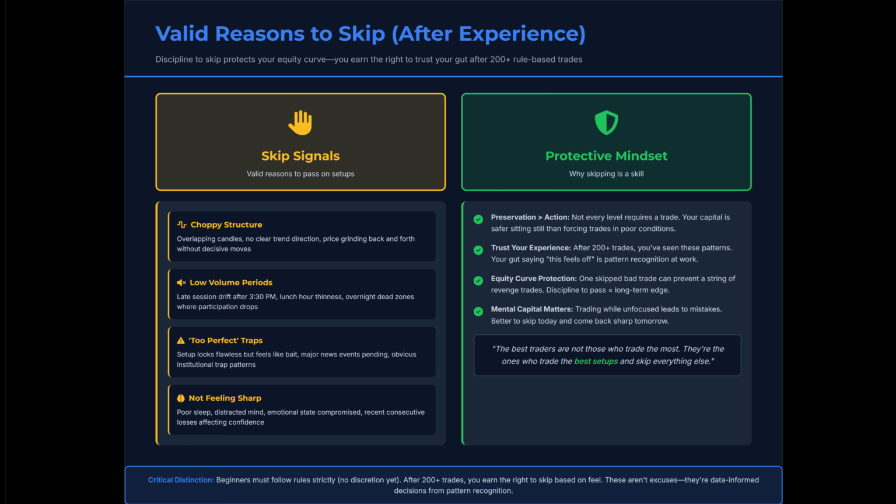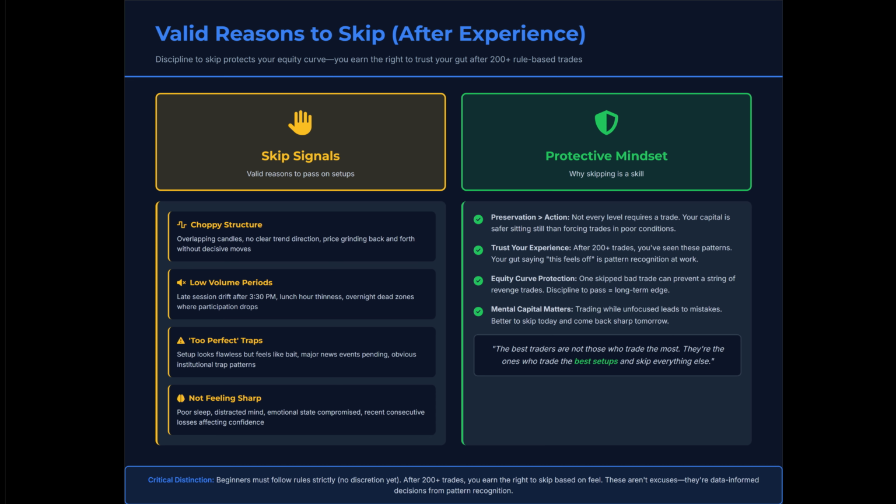Why skip this? Low volume means low liquidity, and low liquidity means your edges evaporate. In low volume, a single large order can spike price through your level without any real rejection. Your stop gets hit not because your level was wrong, but because there weren't enough participants to defend it. And when you try to exit, the slippage is worse because there's no liquidity to absorb your order.